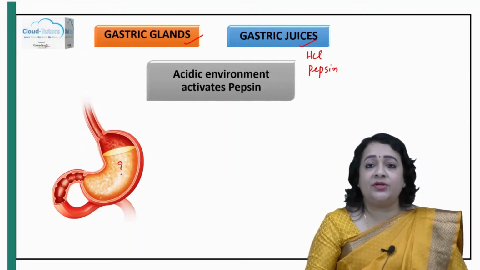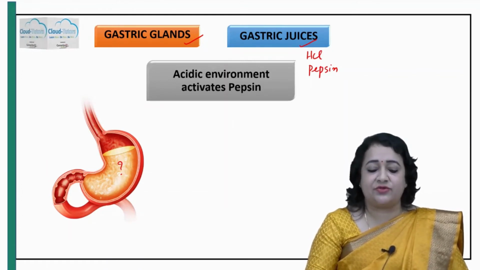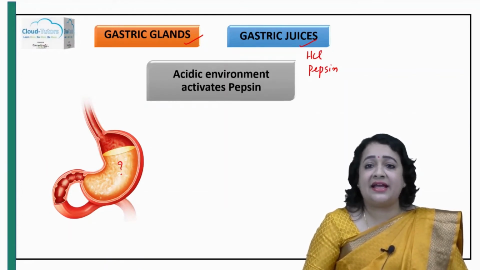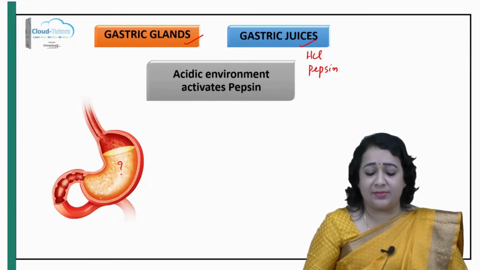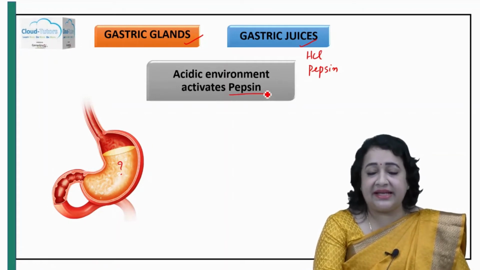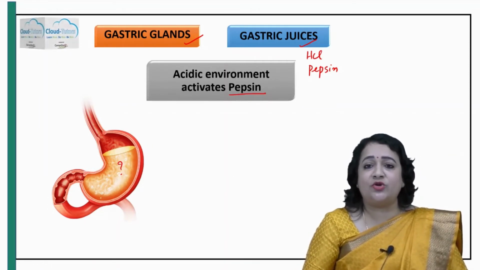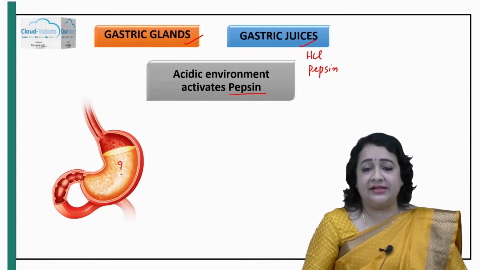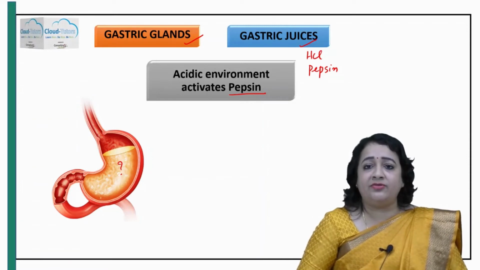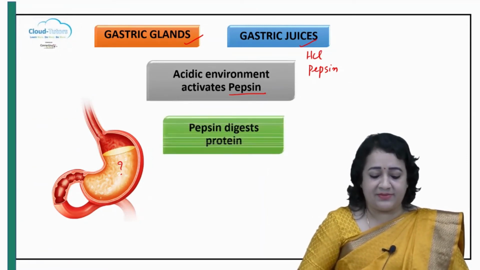Due to the hydrochloric acid released from the gastric glands, an acidic environment is maintained in the stomach. And due to the acidic environment, the pepsin enzyme gets activated. So the inactive pepsinogen gets activated into pepsin.